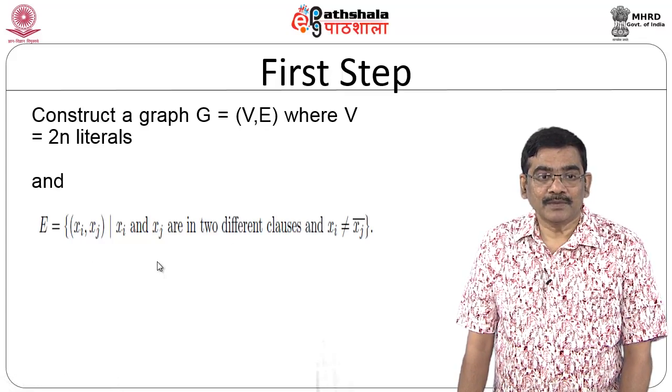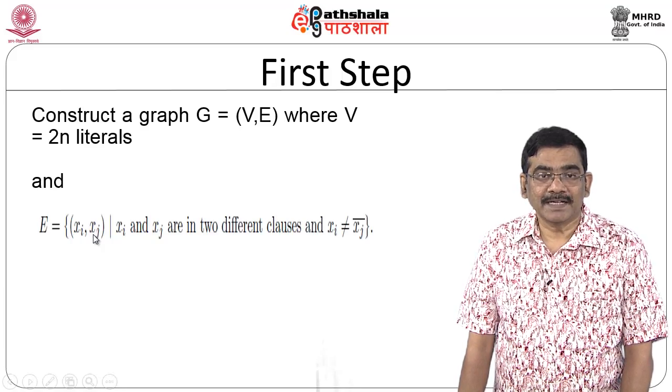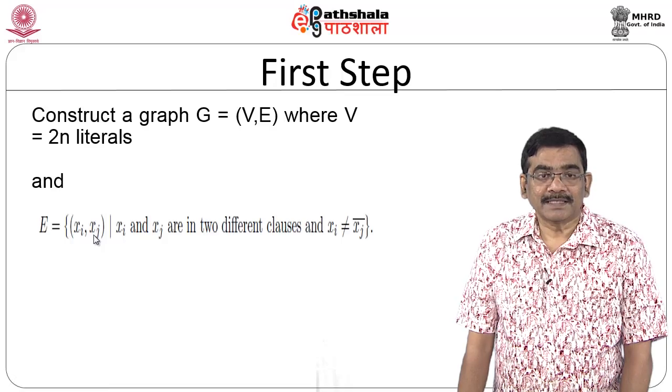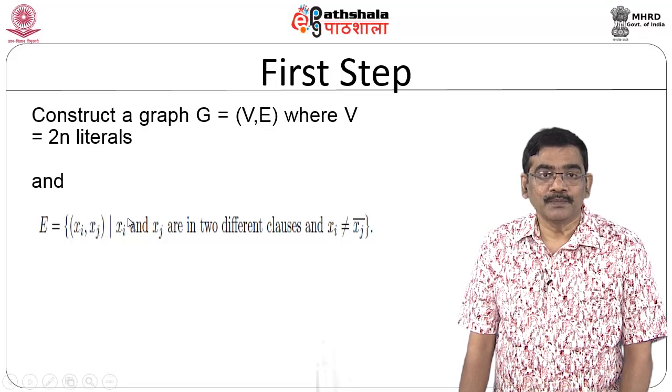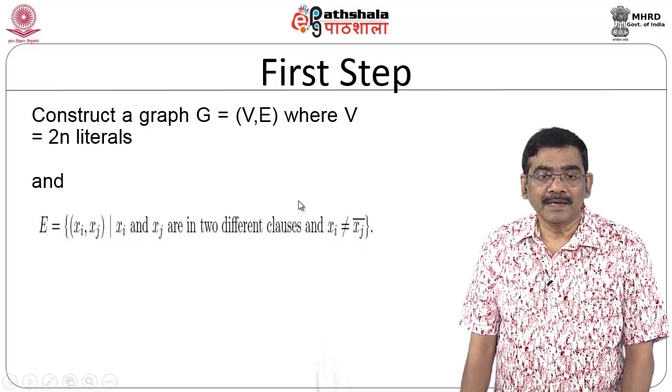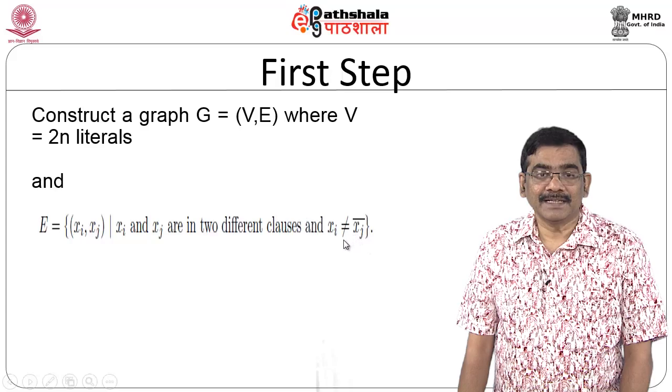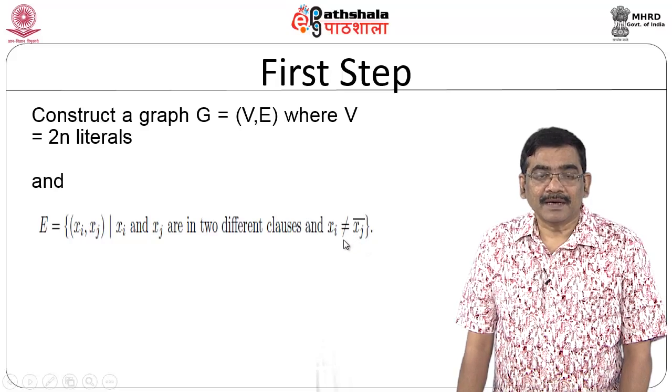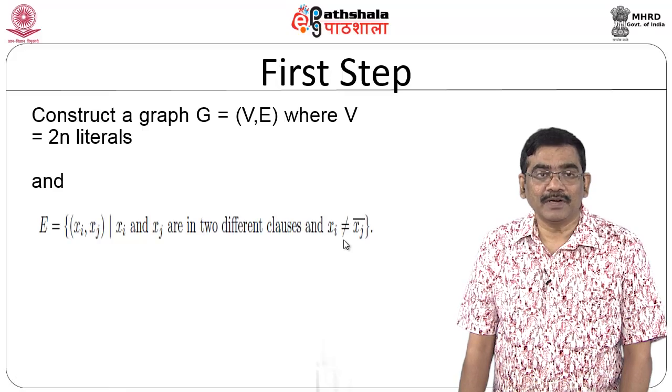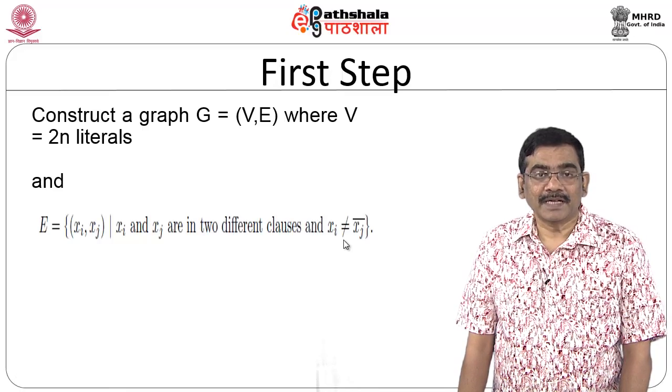We are going to connect xi to xj such that xi and xj belong to two different classes. Also, there is a condition that the two literals should not be negations of each other. In other words, I should not connect x1 to x1 bar.